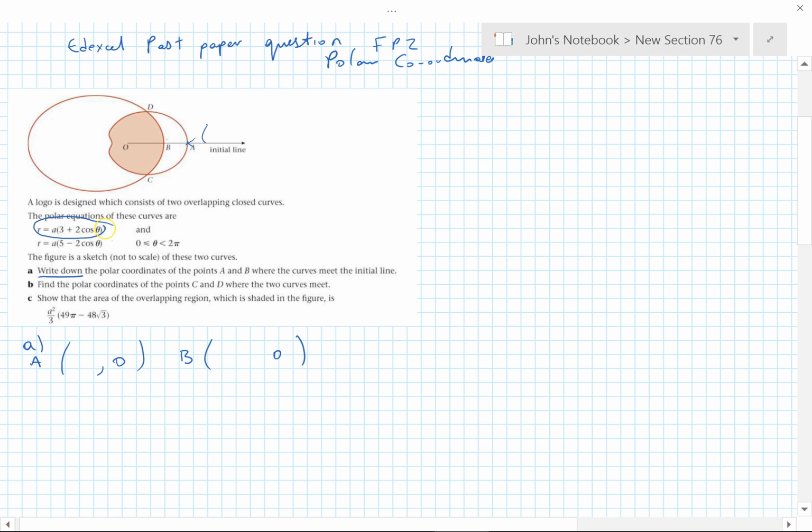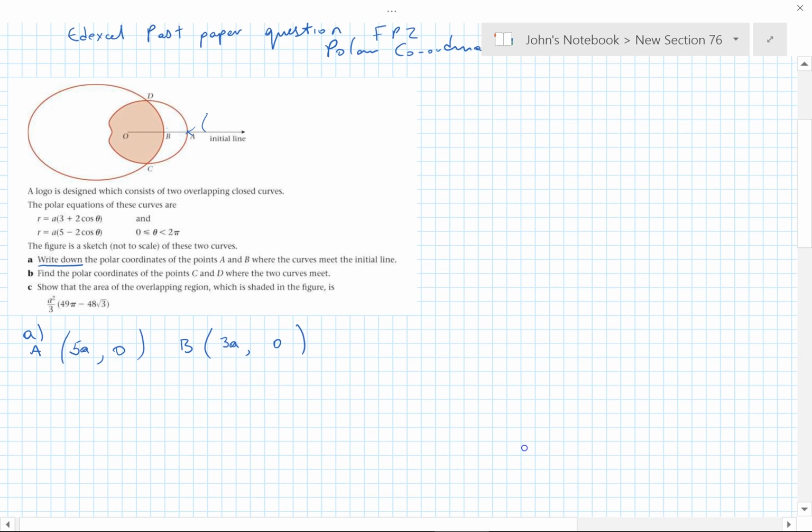So putting 0 into here, we get 1. So for point a, we have 5. And putting 0 into here, we get 2, so that's 5 minus 2, which is 3, so we get (3, 0). Okay, so that's that part done.